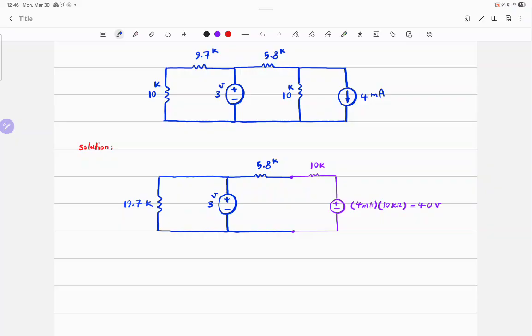Can I do any more? Yes? Shouldn't the positive be on the bottom? Do you agree with him? Yes, thank you. I got it wrong.